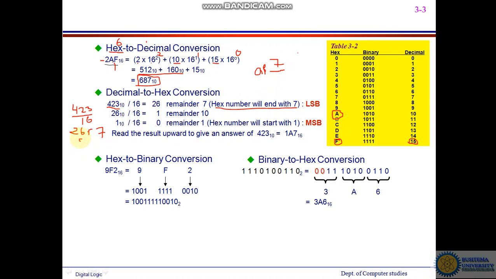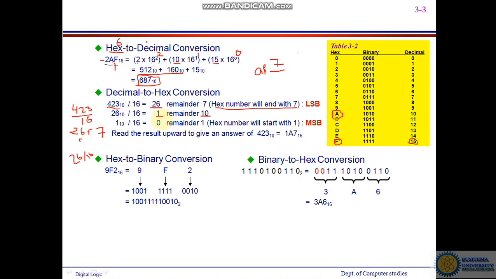Now you go on and divide this 26, the value you have got. So 26, when you divide it by 16, you're going to get 1 and remainder 10. Okay, so you divide until you get an answer of 0.